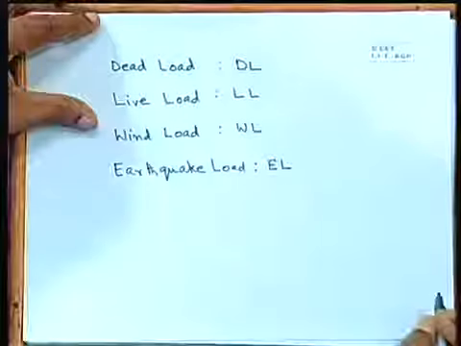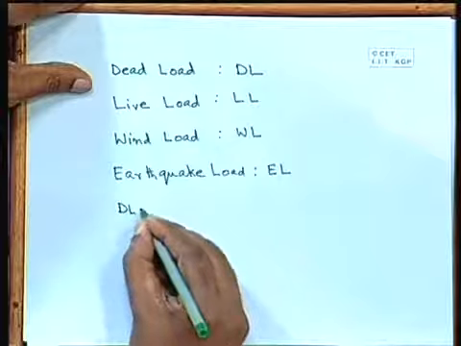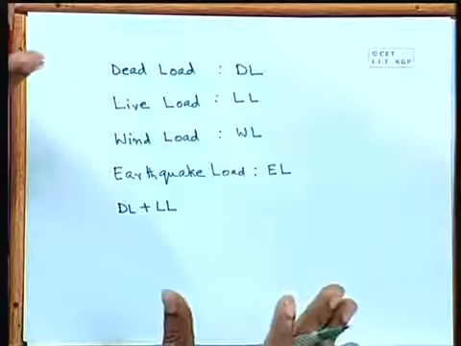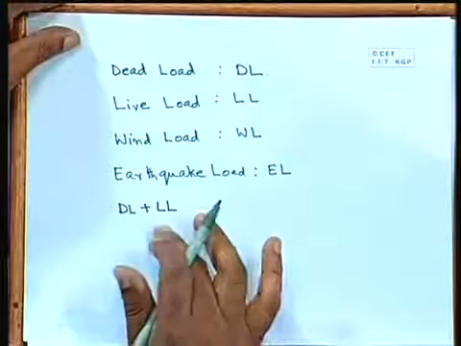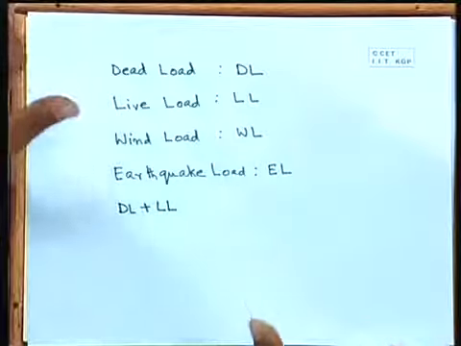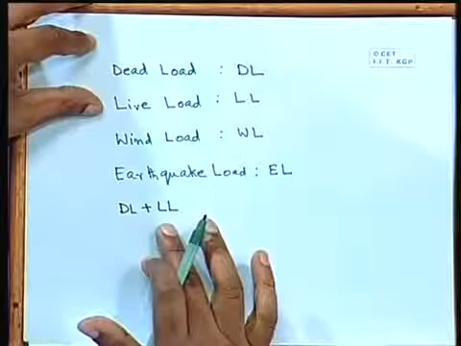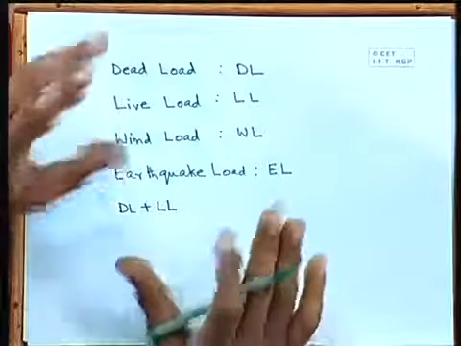So all those things whenever we are considering, generally it should be sufficient if we consider dead load plus live load, because we have to design for the live load only. If we have to design this particular floor, we have to design for this live load, but we cannot design for live load only, we have to consider the self weight.